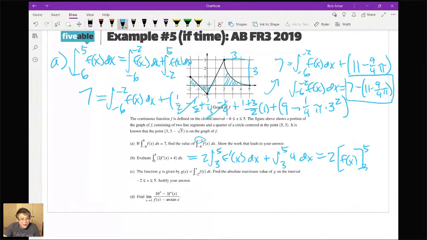Don't worry about it, it turns out, right? And then this ends up being 4x from 5 to 3. I already know it's 4 times 2, but there's no reason for you to worry about that. Okay, so this is 2 times f of 5 minus f of 3.